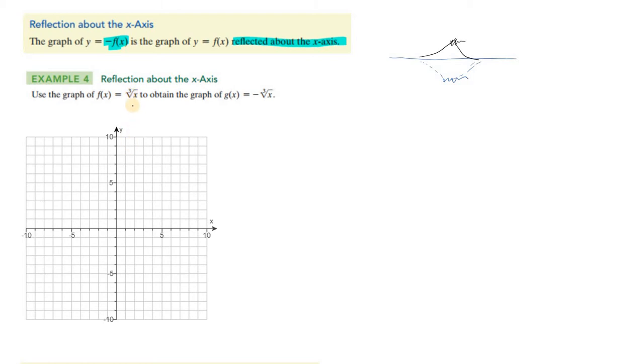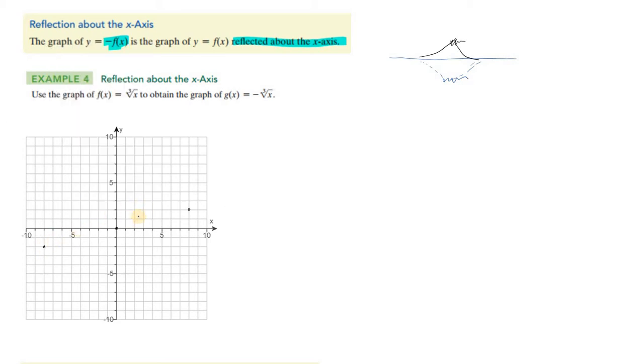Okay, so we're going to have 0, 0 for sure. I'm going to take a cubic root of 8. If I plug in x equals 8, here we're going to have a 2. And if I plug in negative 8, then we have negative 2.